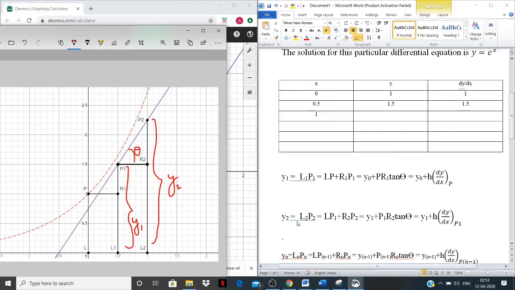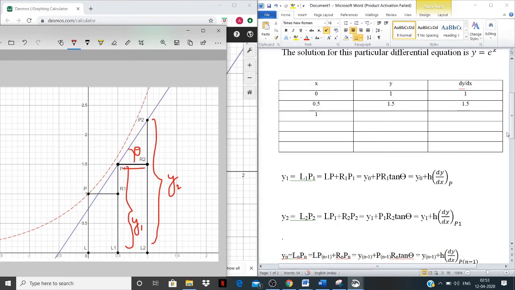I can write y2 is equal to L2P2, and L2P2 is equal to L2R2 plus R2P2, where L2R2 is y1. So this is y1 plus R2P2, which can be written as P1R2 tan theta. Now P1R2 is the interval h and tan theta is dy by dx, that is the slope of the tangent line at point P1.